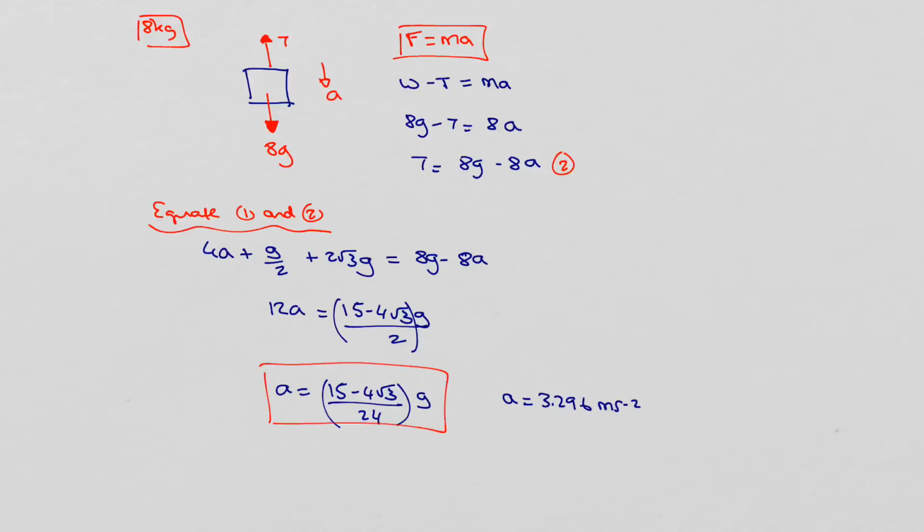Okay, so we now have a. So we're going to sub that into one of our equations. I'm going to sub it into 2 to find tension. So that gives us T is equal to 8g minus 8 times 15 minus 4 root 3 over 24 times g.